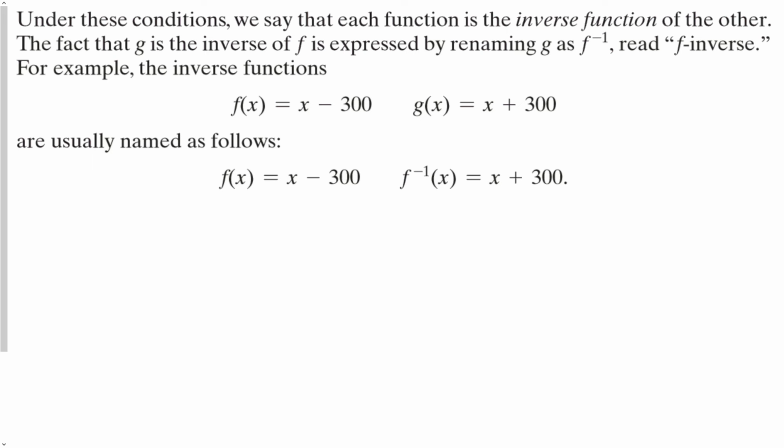The fact that g is the inverse of f is expressed by renaming g as f inverse. Now, x to the negative 1 is a negative exponent, which is equal to 1 over x. That is not what this is right here. That little negative 1 is not an exponent. It looks like an exponent, but it's not. It's just notation.